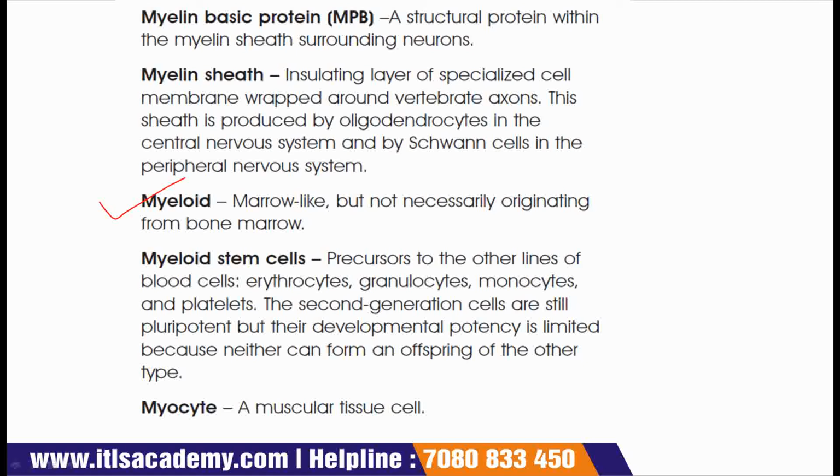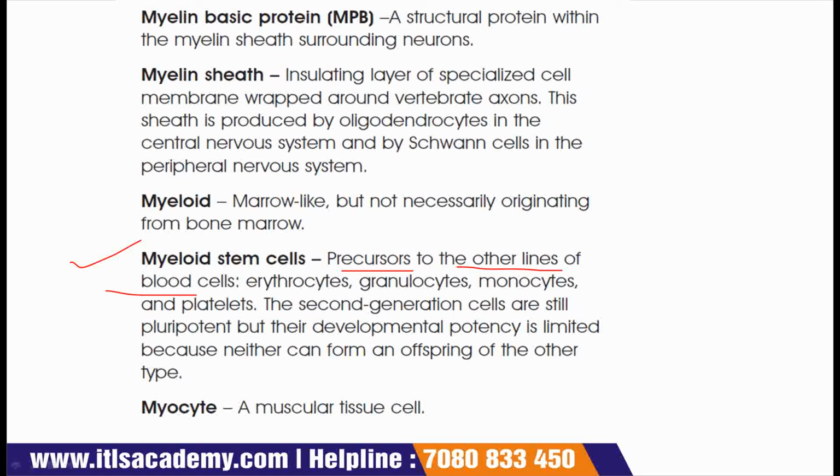Next term is myeloid. Myeloid is marrow-like but not necessarily originating from bone marrow. Next term is myeloid stem cell. This myeloid stem cell is precursor to the other lines of blood cells.